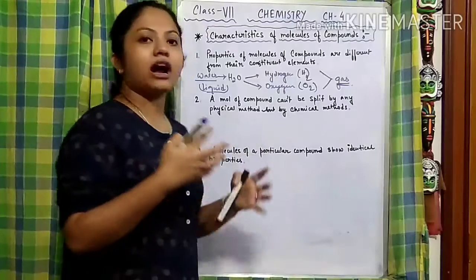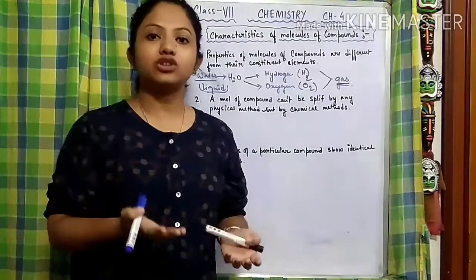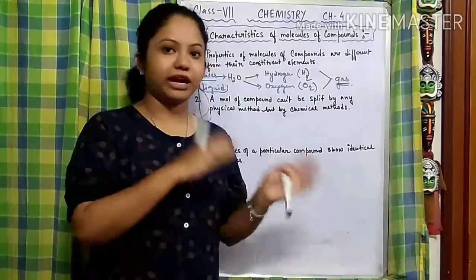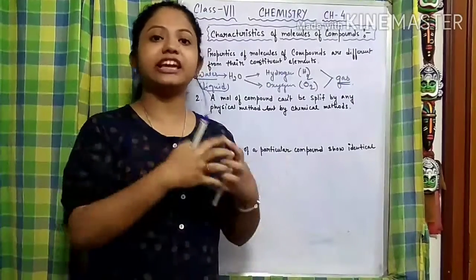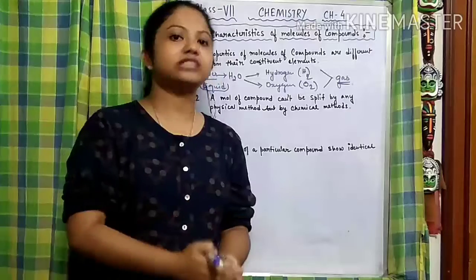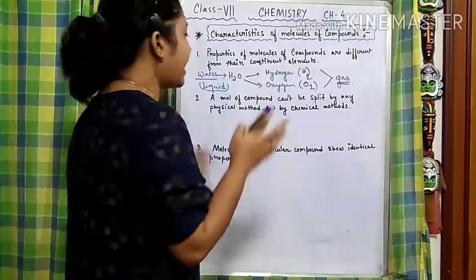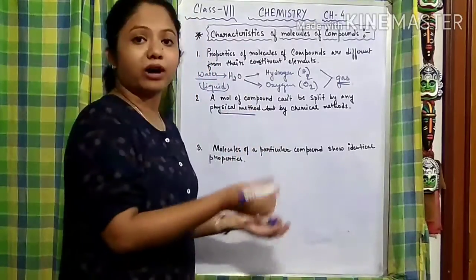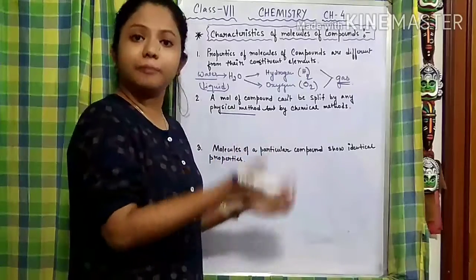So they are formed as a result of a chemical reaction. Now as they are formed with the help of a chemical reaction, they cannot be split so easily. It needs a chemical reaction only. So by any physical method, we cannot split any compound or any molecule of the compound.